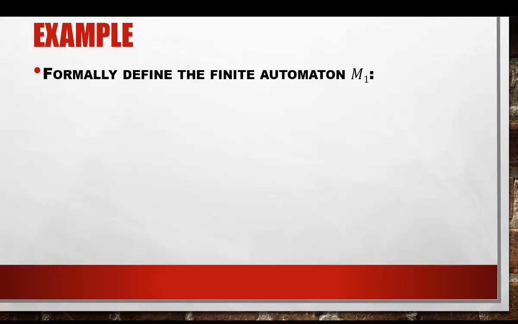So when you're given a transition table or a state diagram for a finite automaton, and you're asked to describe and define it, remember that a deterministic finite automaton is a 5 tuple. It has 5 components: Q, a finite set of states; sigma, a finite set of alphabet; delta, the transition function, which comes from the cross product of the set of states and set of alphabets onto the set of states.